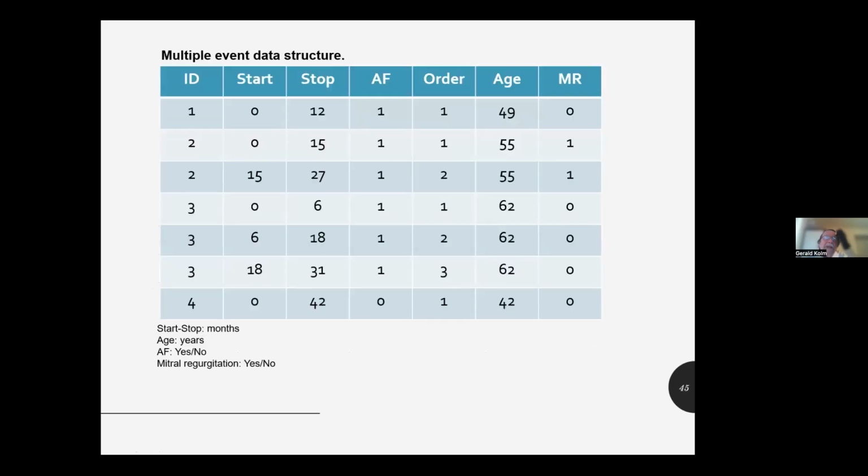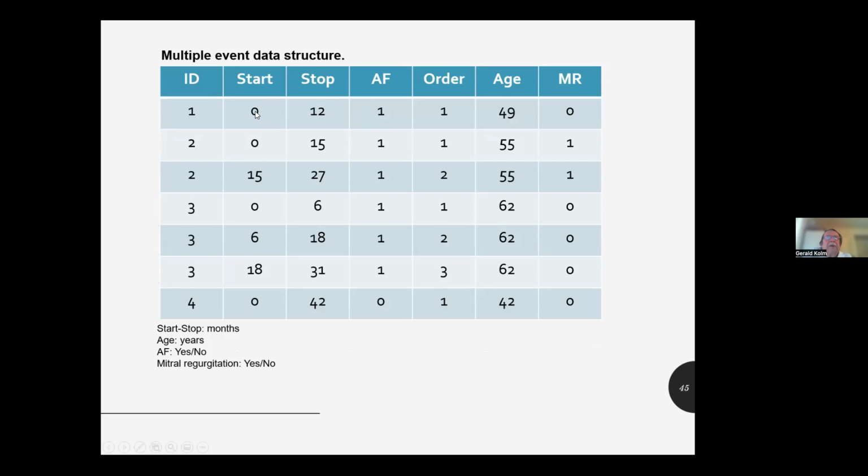And I just wanted to give you an idea here of when you have a situation where you have multiple events, the data would be structured something like this, where for each patient you would have a start time, that is their entry into the study, which is time 0, and then when they have an AF event or whatever the event might be.